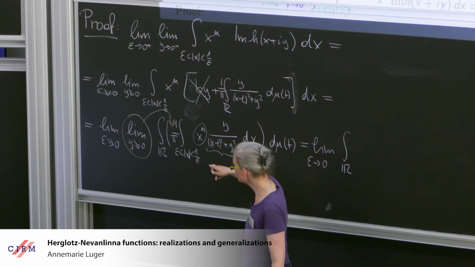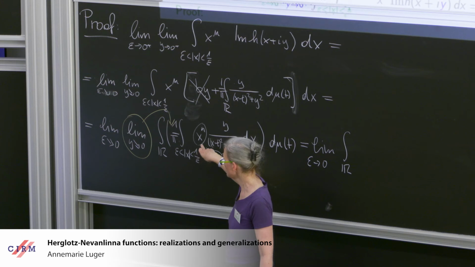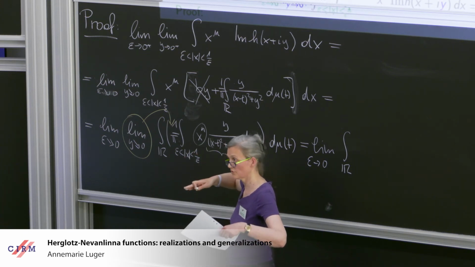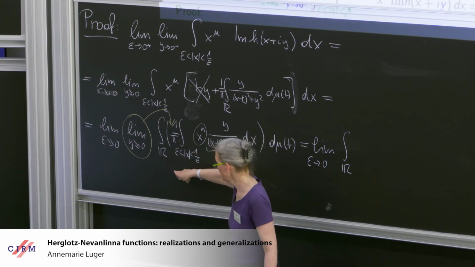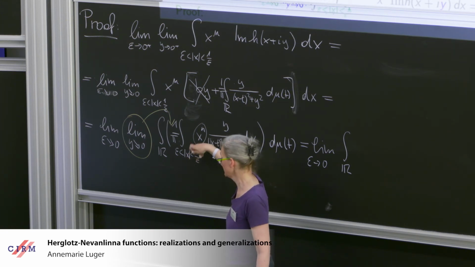So what you get here is this function here, but the only technical problem is that the function in some sense is not a continuous function because you cut here, yes? So it's 0 up to minus epsilon, then it becomes this function, and then, yeah.